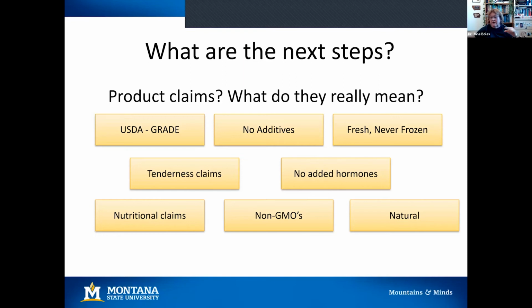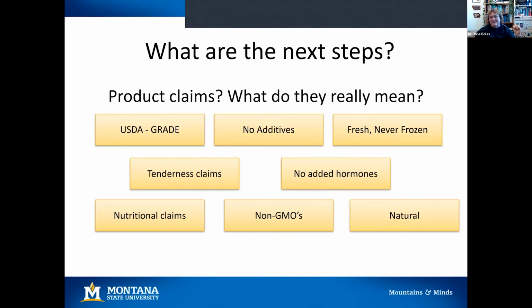So no antioxidants added, or no BHA, BHT added. It needs to be very specific. Anything that goes along with the no additives has to be reflected in the application for your label.